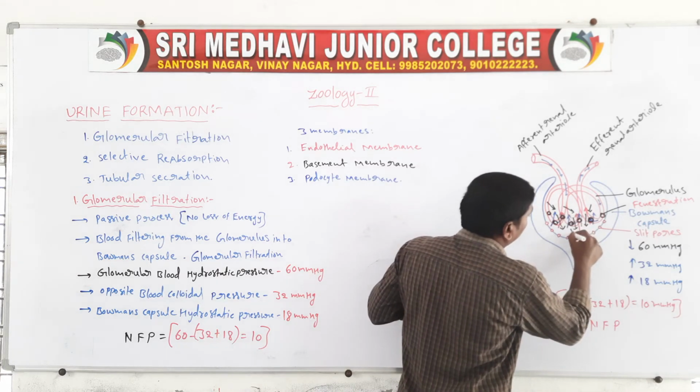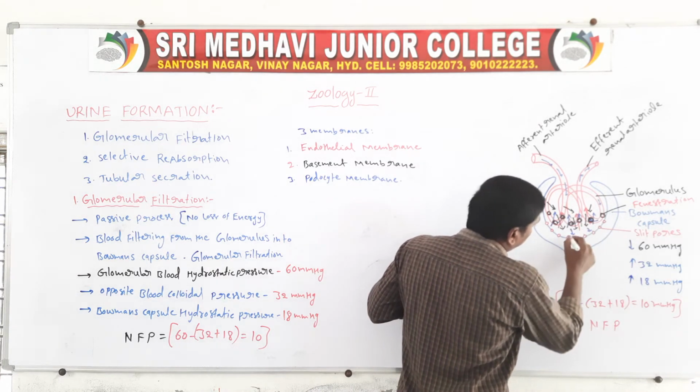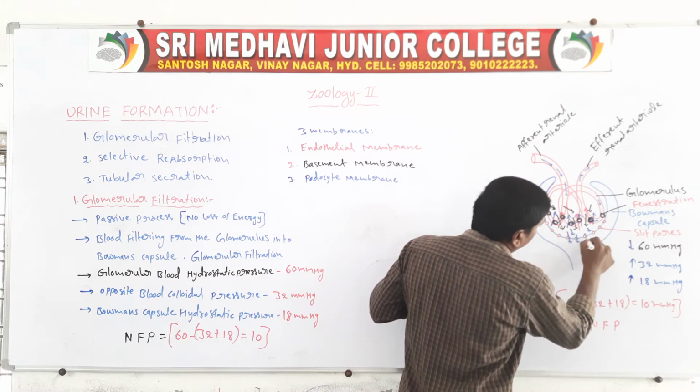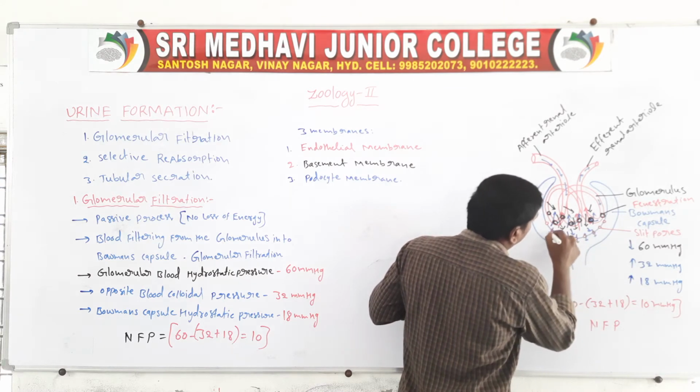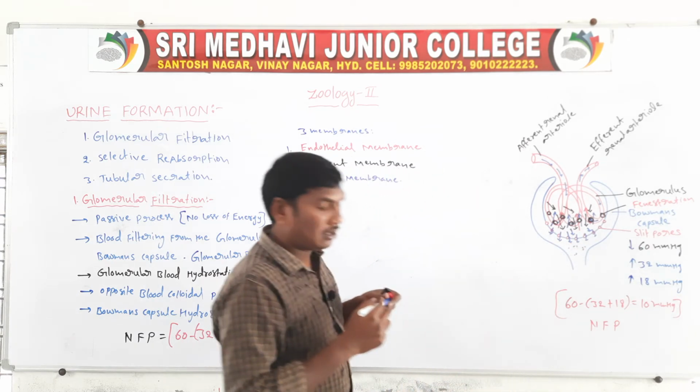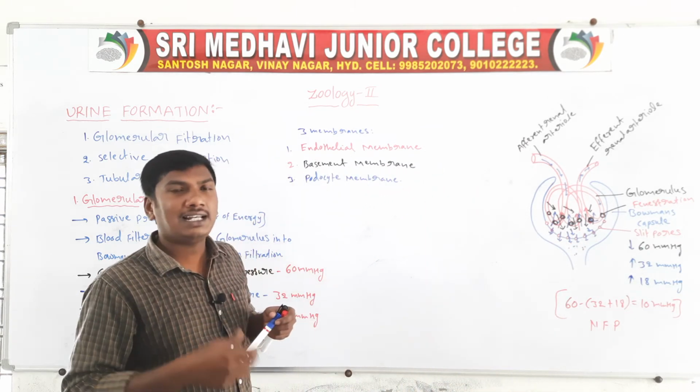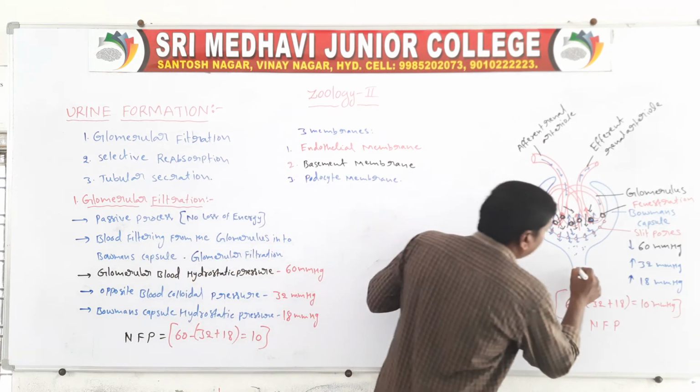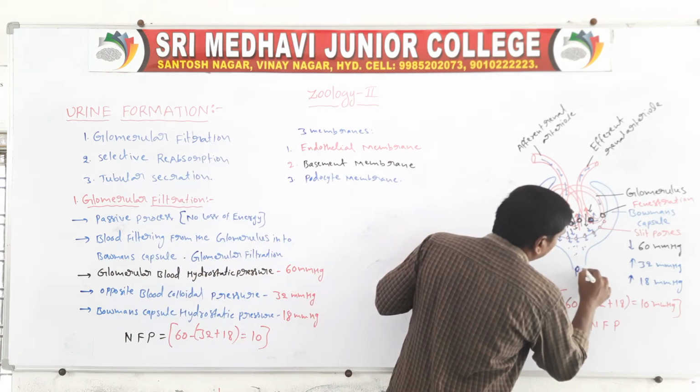The filtrate passes into the Bowman's capsule, and from the Bowman's capsule to the proximal convoluted tubule, the PCT.